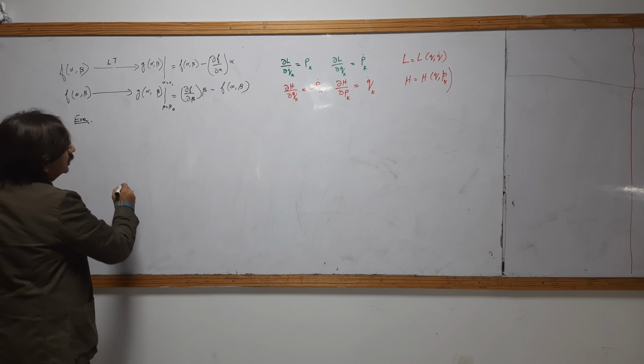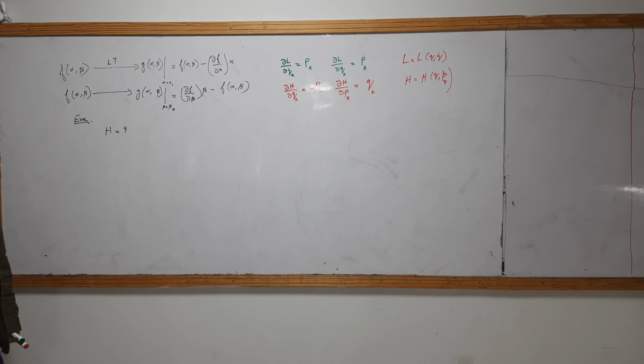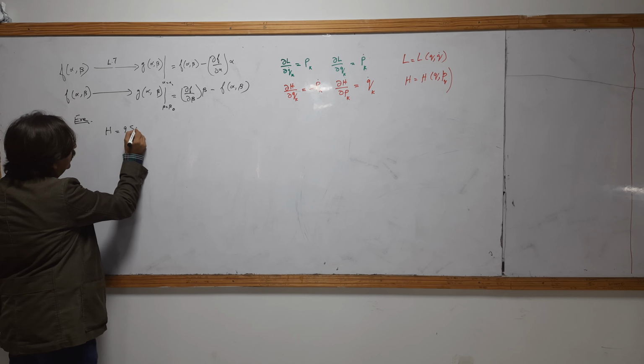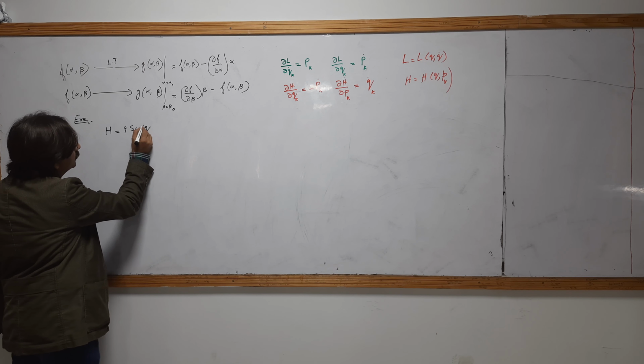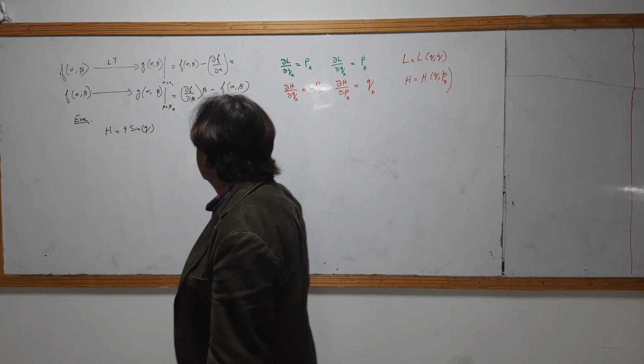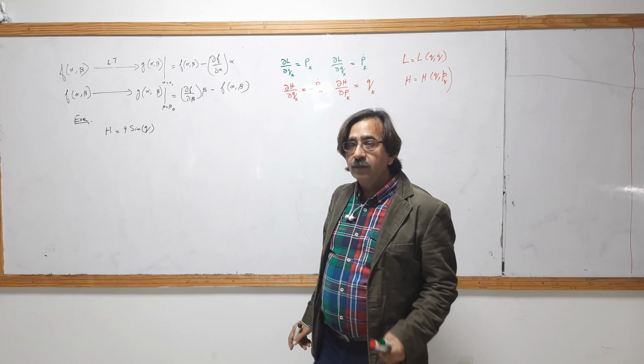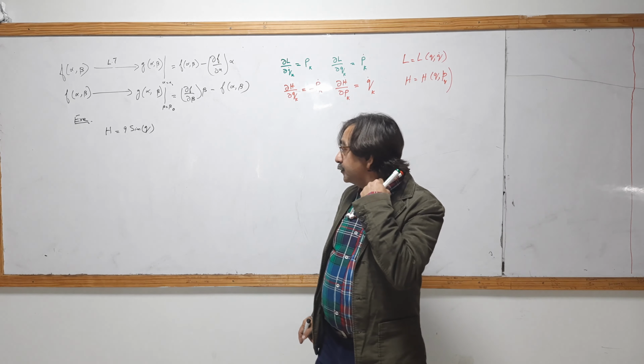The exercise: the Hamiltonian H is equal to 9 sine Q, or a P.